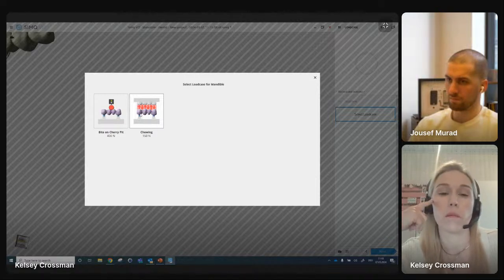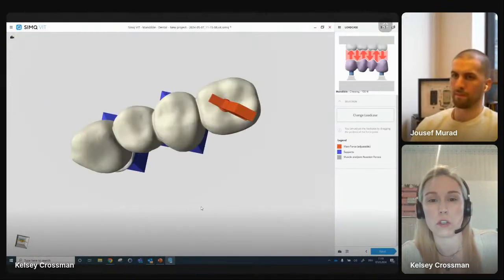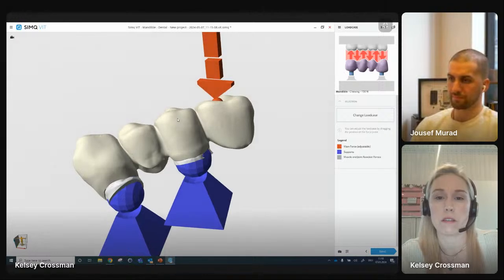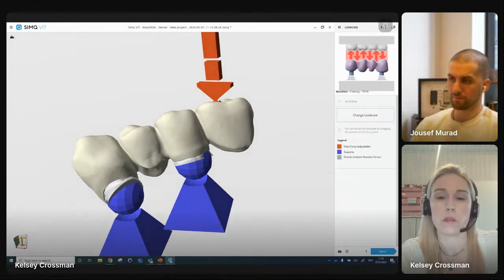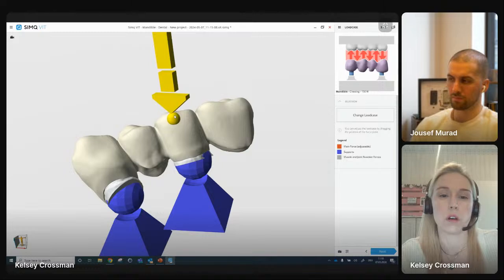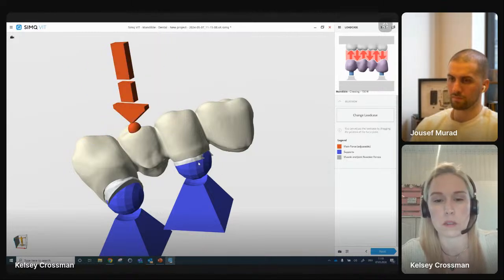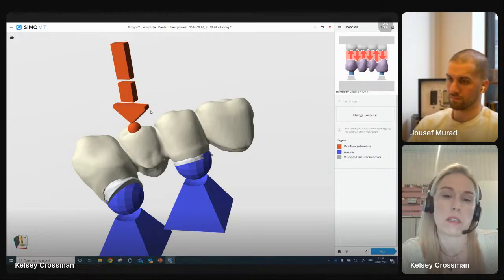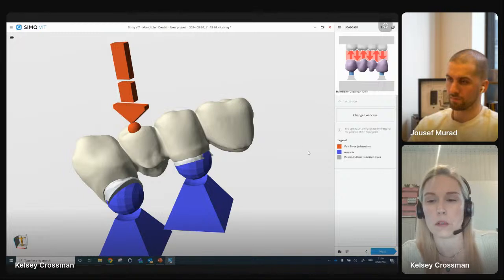So what I like to do, we'll just do the chewing, and you have this main force here, which you can move. You just highlight the sphere as well. I like to put it over maybe the more delicate tooth. If you chew on a pit with an abutment, maybe it's metal or tooth supported, so it could take it, but you maybe want to see the one in the middle, how it would behave.